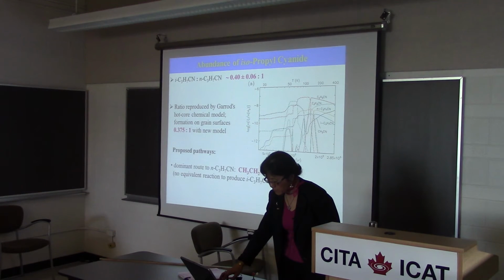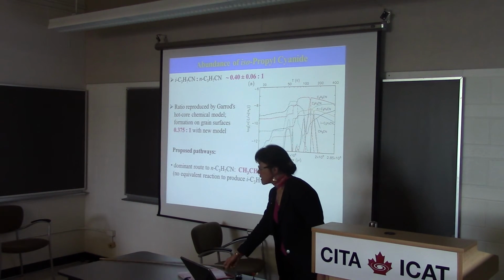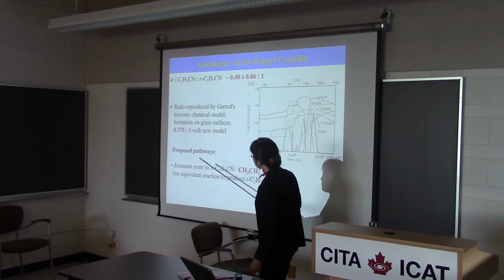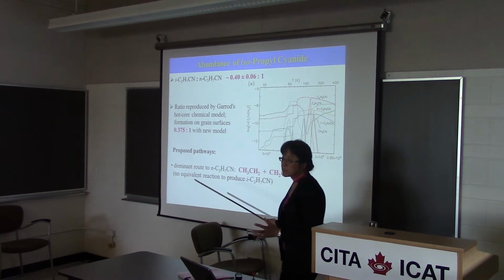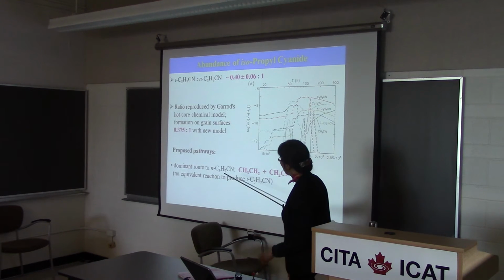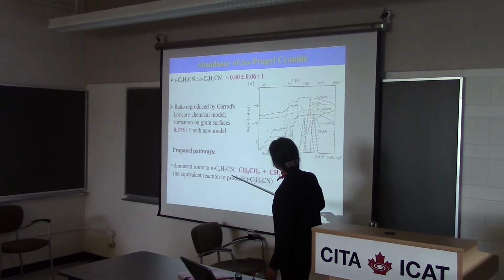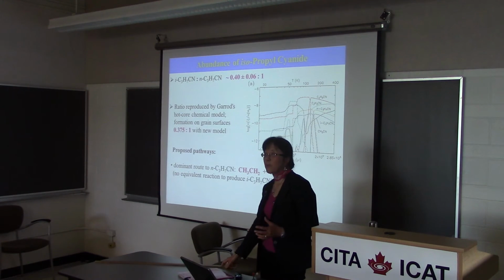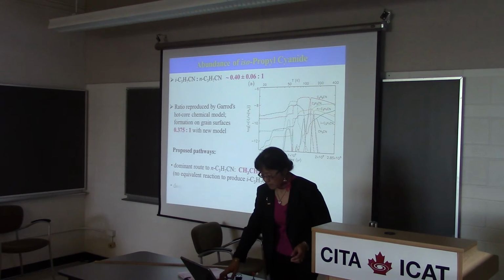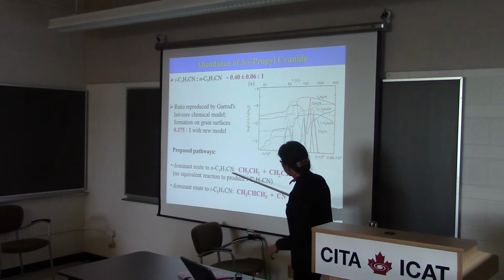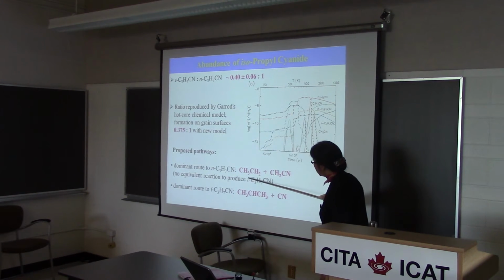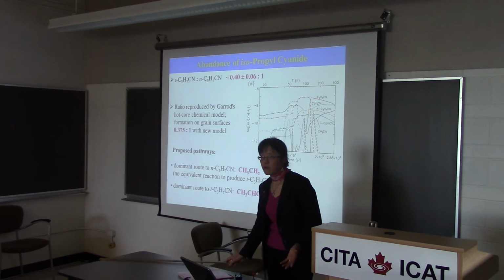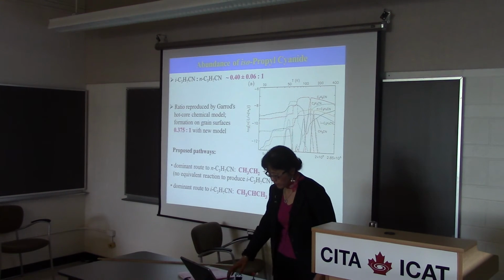And based on the latest model, for the formation on the grain surface, he proposed the pathway for forming the normal propionyl cyanide as well as the isoform. In fact, the two pathways are quite different. Okay, so that's the pathway to form the normal form, and this would be for the isoform. It's quite different.